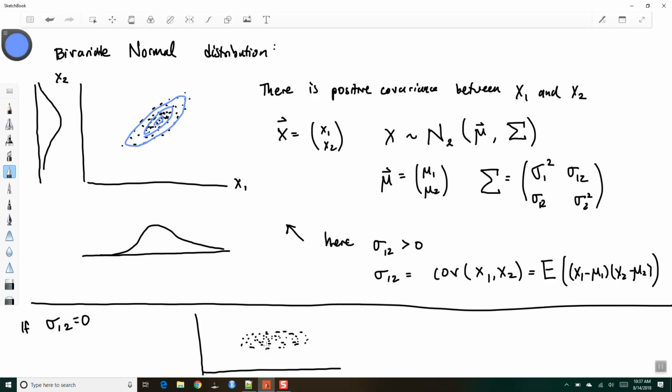And so the axes here of the ellipses are basically these perpendicular axes indicating no covariance between the two.